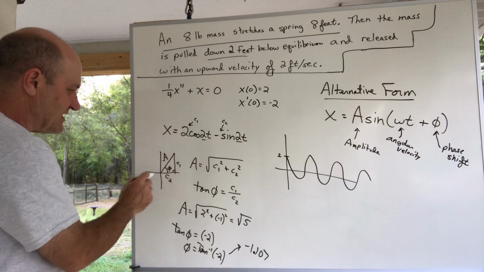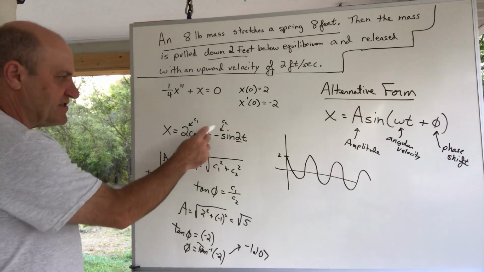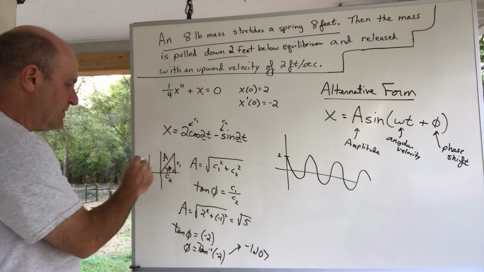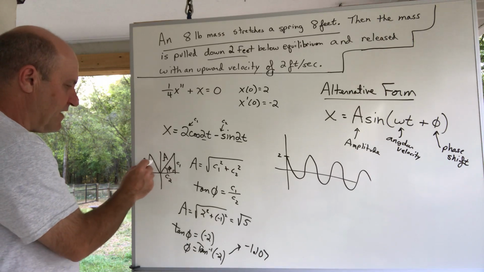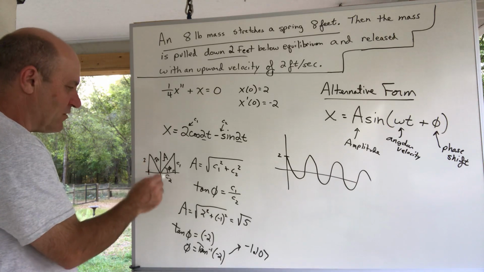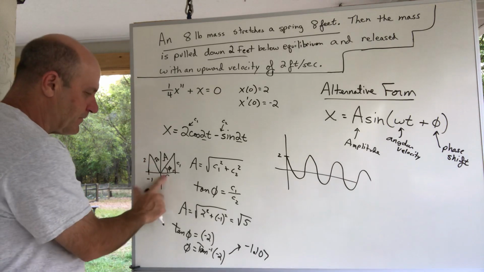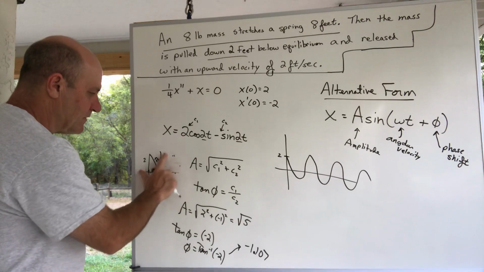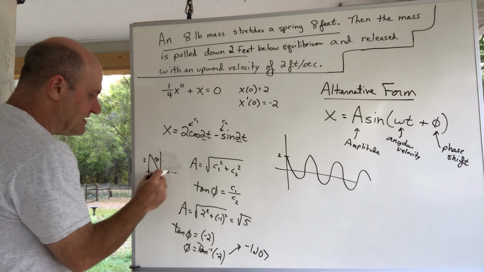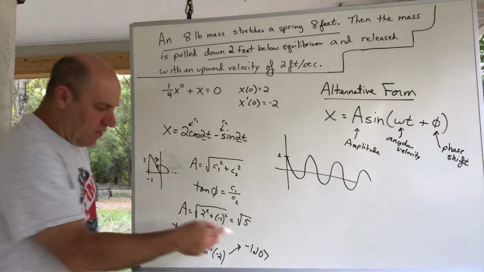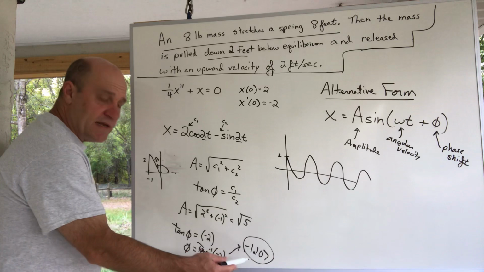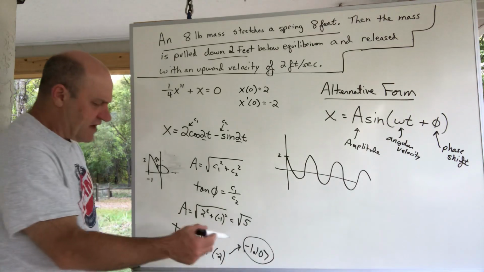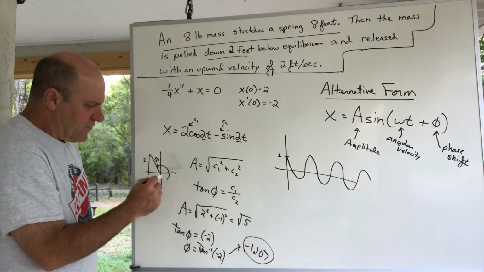The C2 is negative 1, the C1 is up 2, my amplitude is that hypotenuse, square root of 5, and my angle is this phi. Well, what I just calculated was a negative angle. That's in radians, negative 1.107 radians. That's over here in quadrant 4.